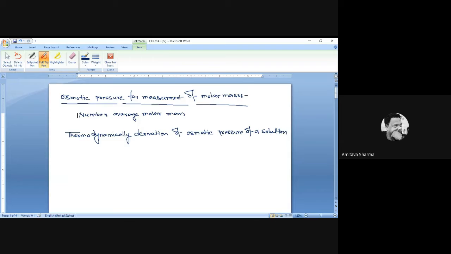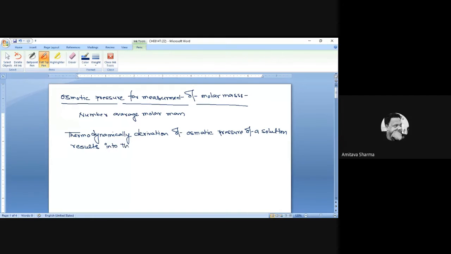In most cases, we use the osmotic pressure method to determine the molar mass of polymeric compounds.